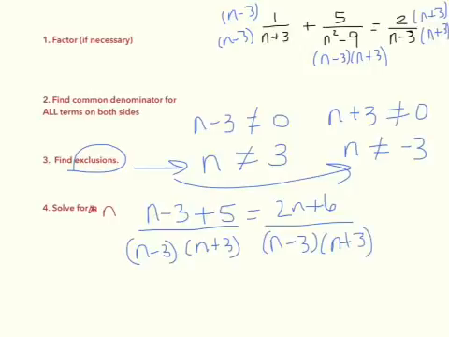Okay, so now we want to solve. Over here, I can simplify. That becomes n plus 2. And now we still want to solve for n. So in order to get rid of a denominator, remember I want to multiply by the denominator so they can reduce to 1.